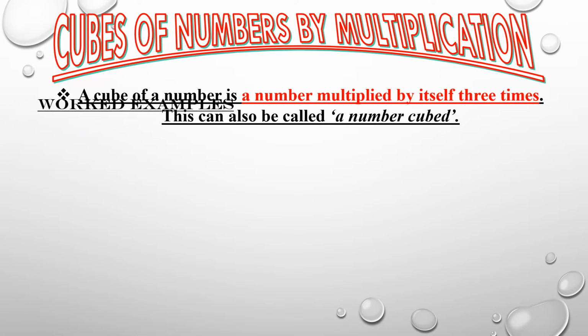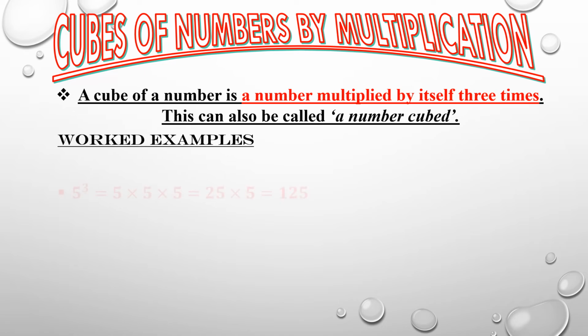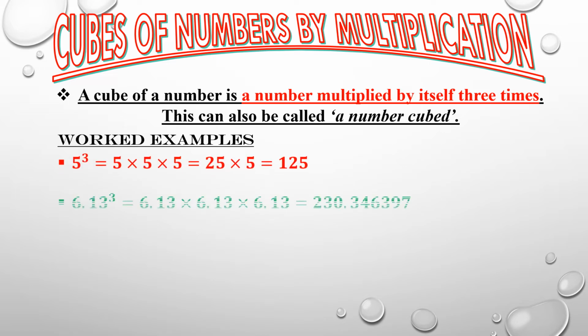So the very first example is where we have 5 to power 3. If you look at 5 to power 3, it means that you have to multiply 5 3 times, and your result is 125. The same will happen to 6.13 cubed. That one you multiply 3 times, you get the answer 230.34639.